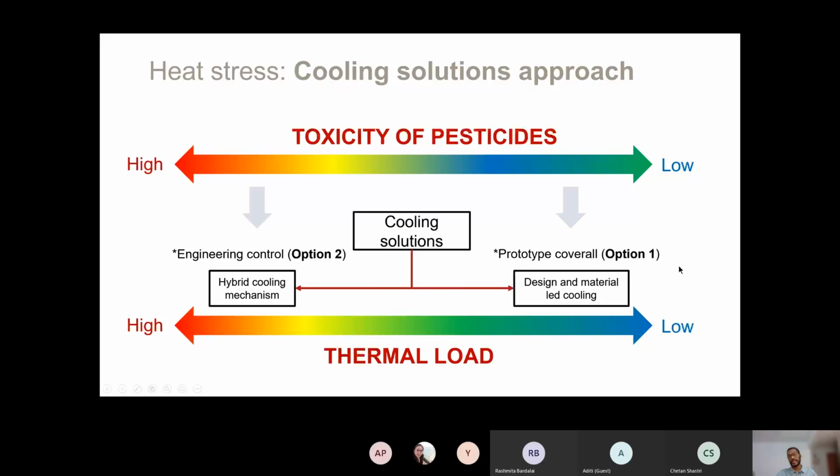The first was through design intervention and proper material choices. The second was looking at existing cooling solutions in the market and how they could be adjusted or incorporated to allow greater thermal comfort to pesticide applicators.